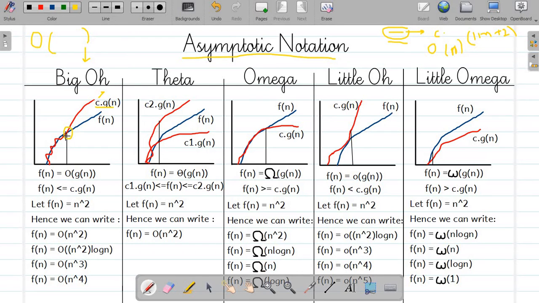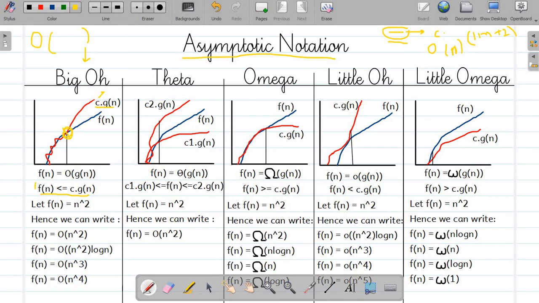So after this point, what we can say is that my f(n) is less than or equal to g(n). Why am I saying equal to? Because at this point it is equal to c times g(n).